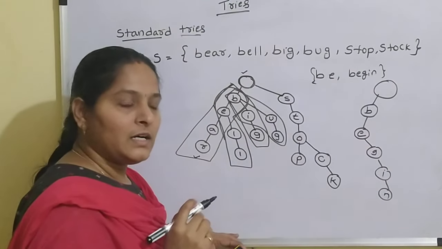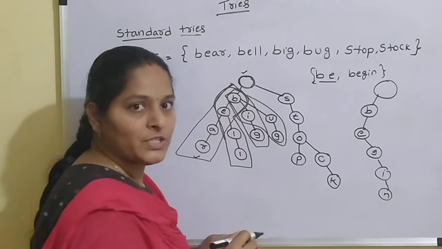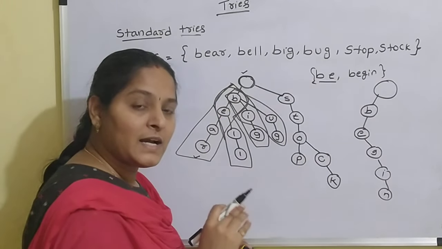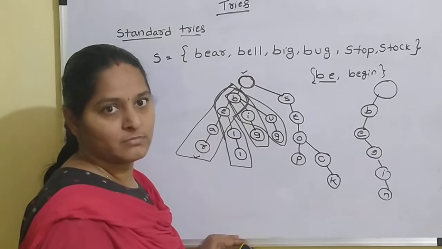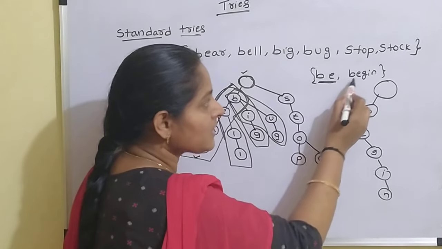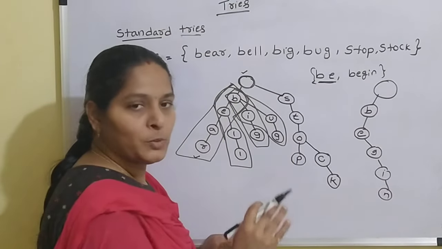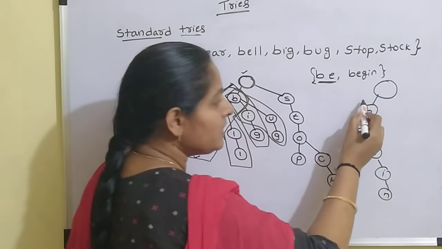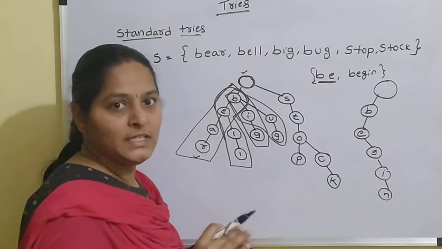If you are constructing a trie for a set of strings, a complete string should not be the prefix for another string. Okay, so here if you observe, BE is completely a prefix for another word. So this should not be allowed, because the word should end with a leaf node.